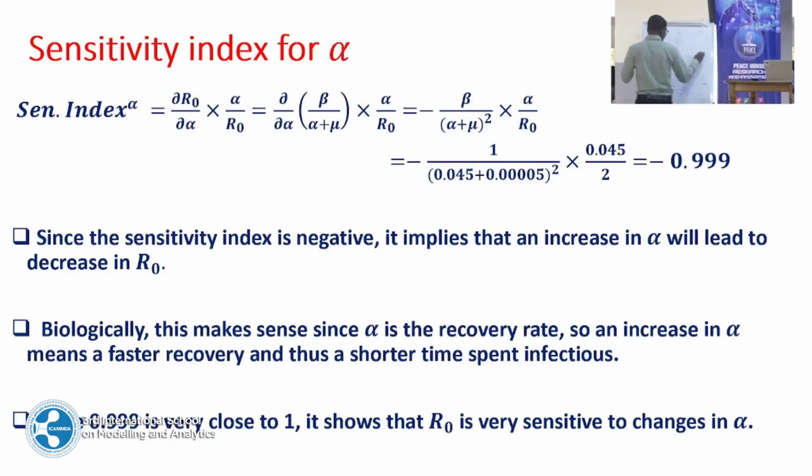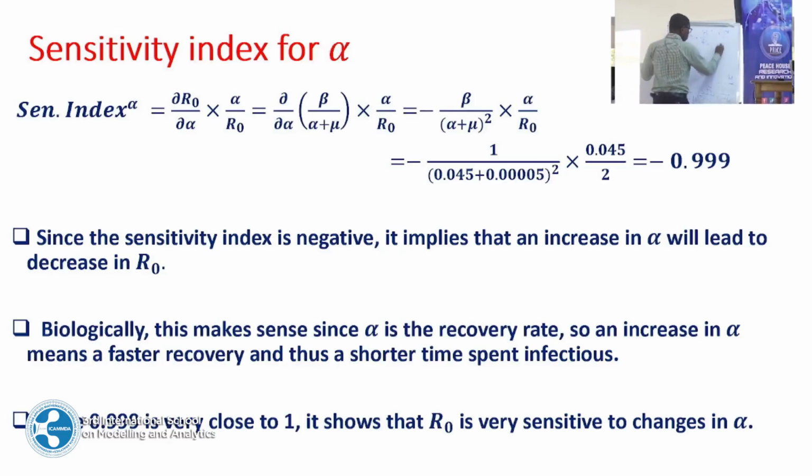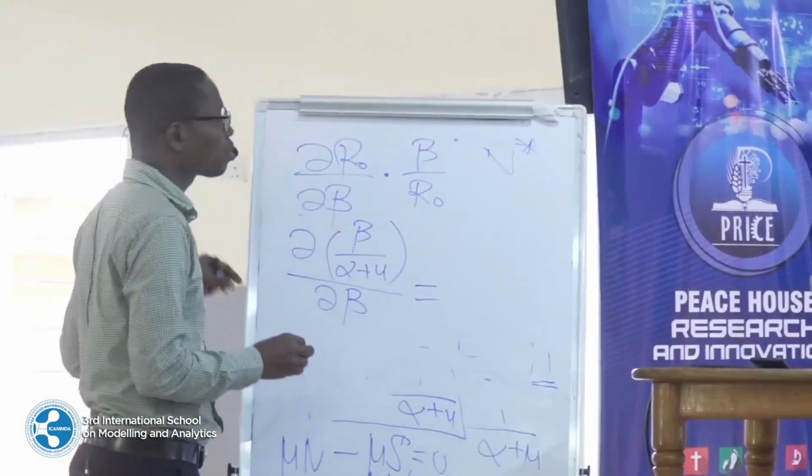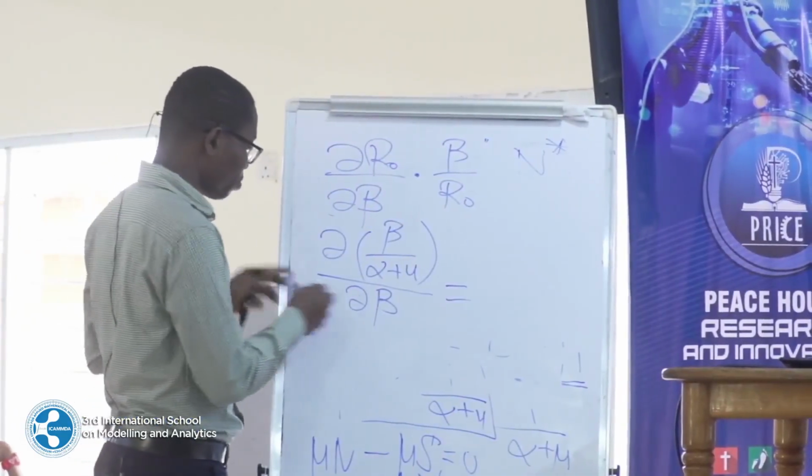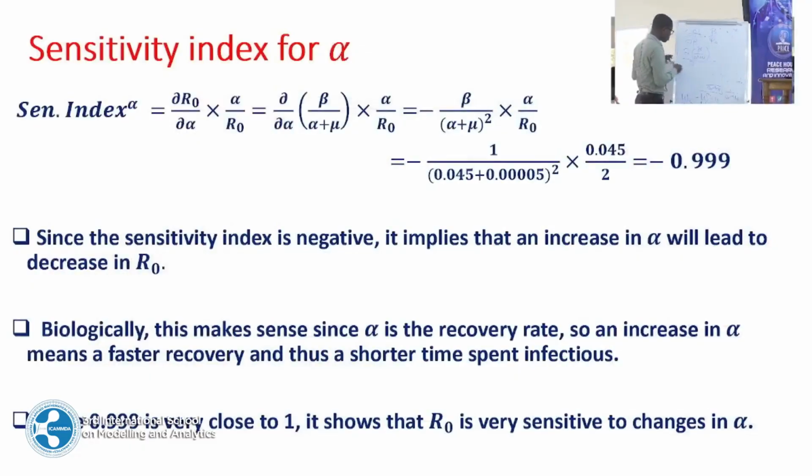When we differentiated that with respect to alpha, what did it give us? We are differentiating our R naught partially with respect to alpha, and we got minus beta over alpha plus mu squared.